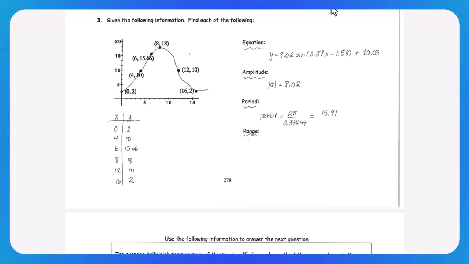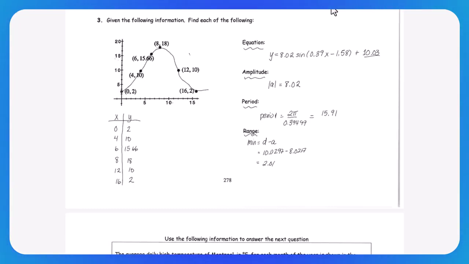Otherwise, we're just going to go with our regular min equals D minus A. And in that case, we get this 10.0297. So that's the unrounded value from here, subtracting 8.0217. And it gets 2.01.